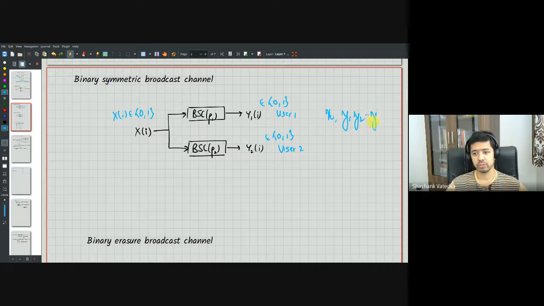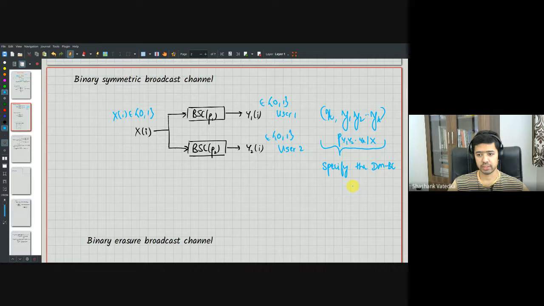So for k users, you may have k different output alphabets, and the channel has to be described by the probability mass function p y1 y2 ... yk given x. Right, so all of these put together completely specify the discrete memoryless broadcast channel.